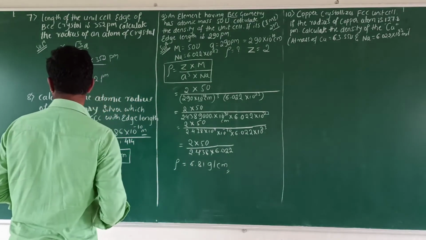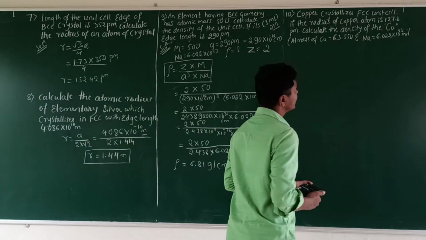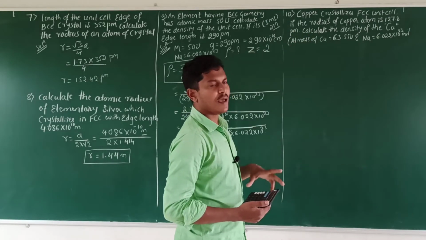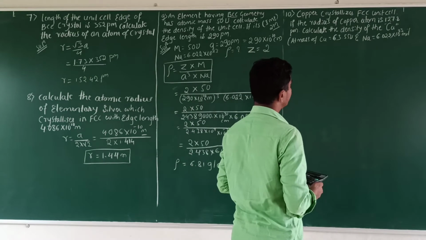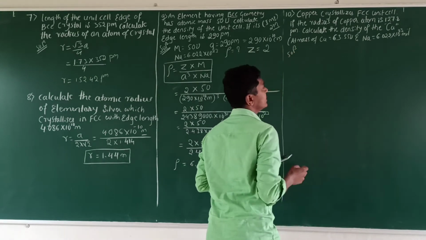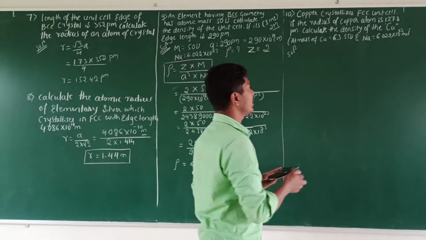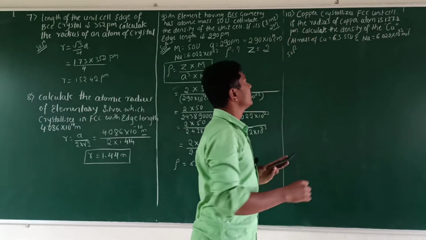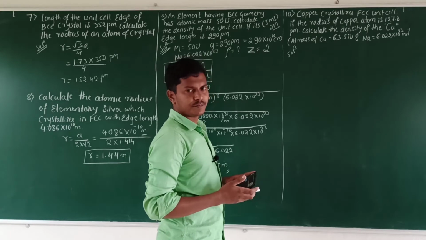Okay. Next question. Copper crystallizes in FCC unit cell. If the radius of the copper is 127.8 picometer, calculate the density of the copper.